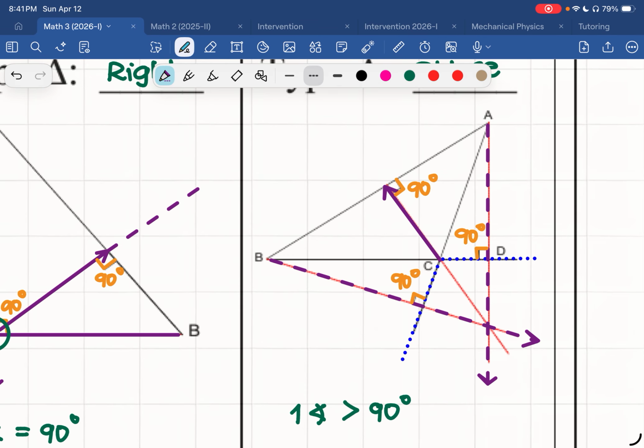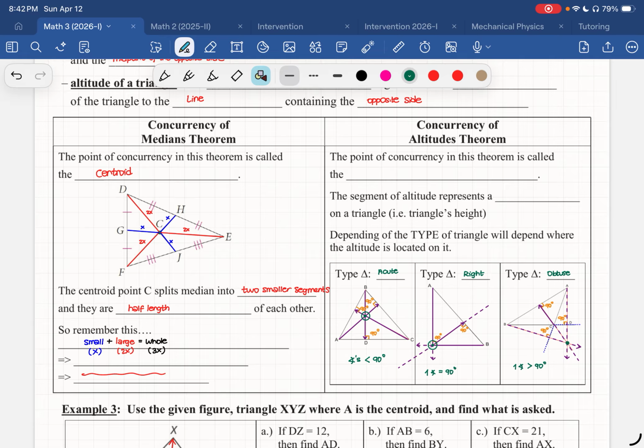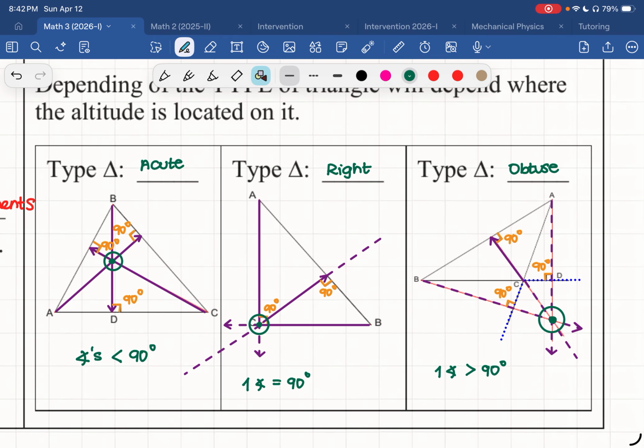And it's gonna be something like this, right? So the point where these three lines cut each other is actually outside of the triangle, right? It's over here. So in this case, the orthocenter of this thing is gonna be over here.